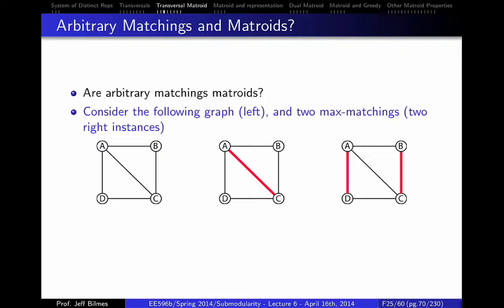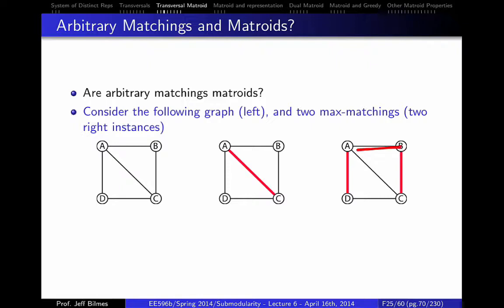What about on the right-hand side? Is the right-hand side a matching? Yes. It's a maximum matching. All vertices are matched, and every vertex is incident to only one edge. But if we add any edge, is it still a matching?